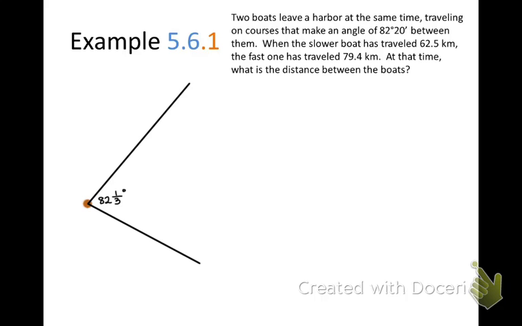Okay, my shorter boat has traveled how far? Okay, 62.5 kilometers. My longer boat has traveled, or my faster boat has traveled 79.4 kilometers.